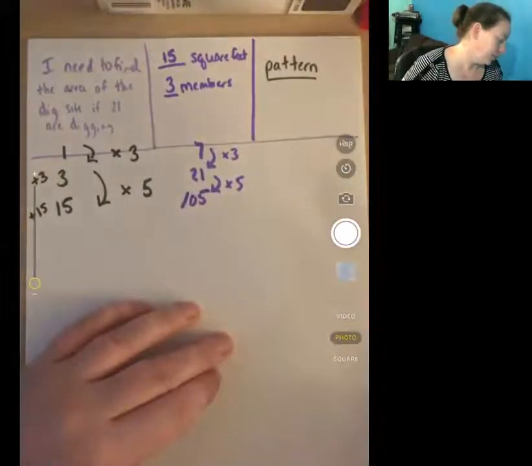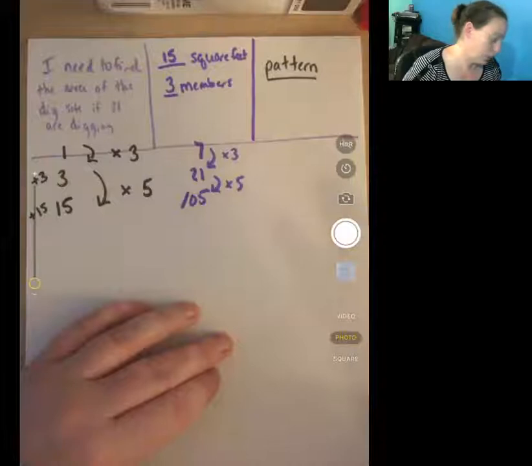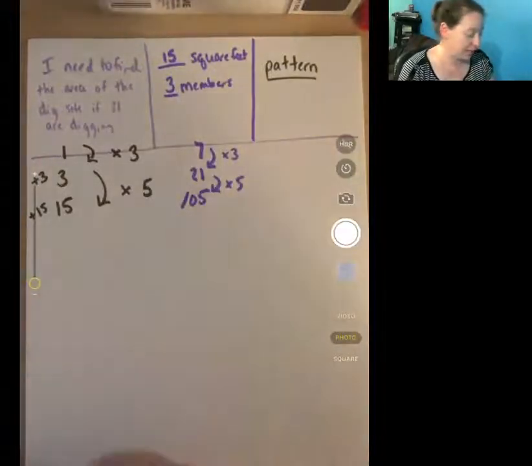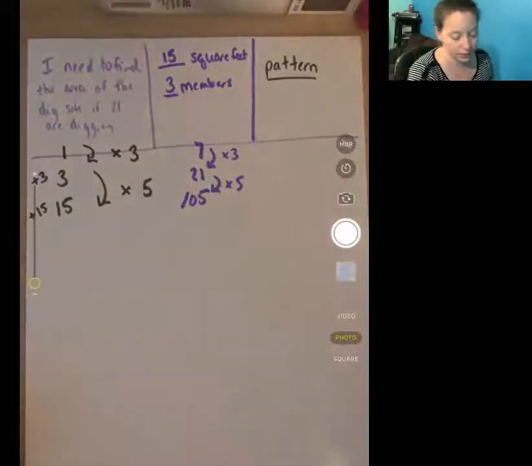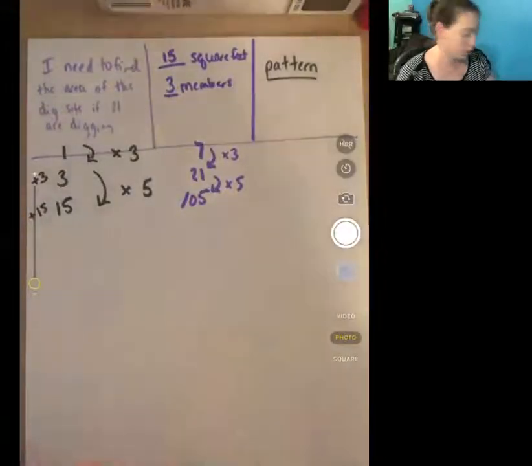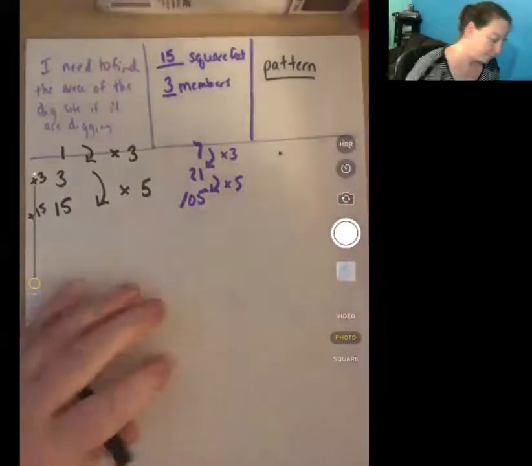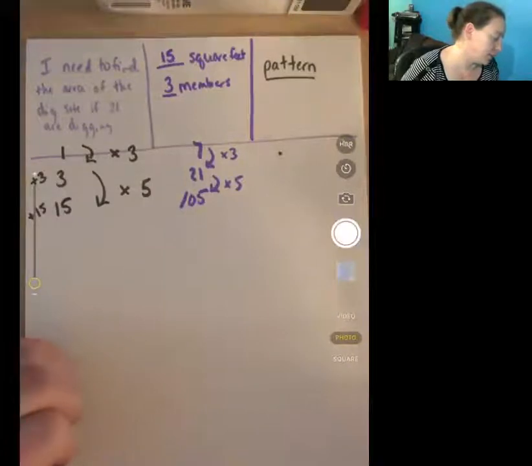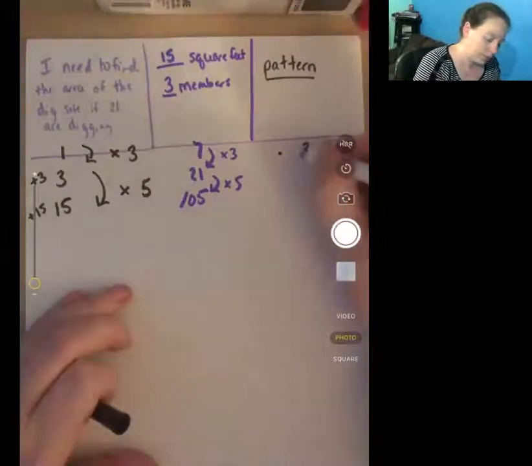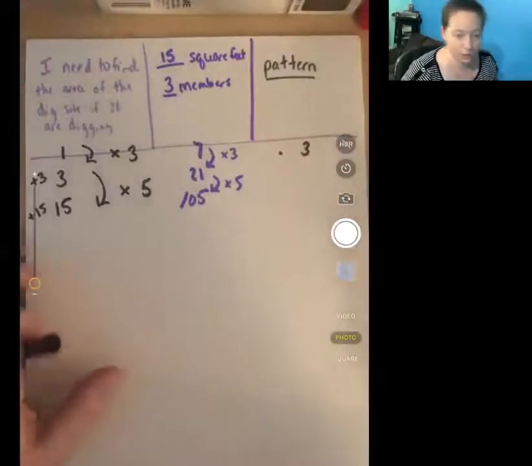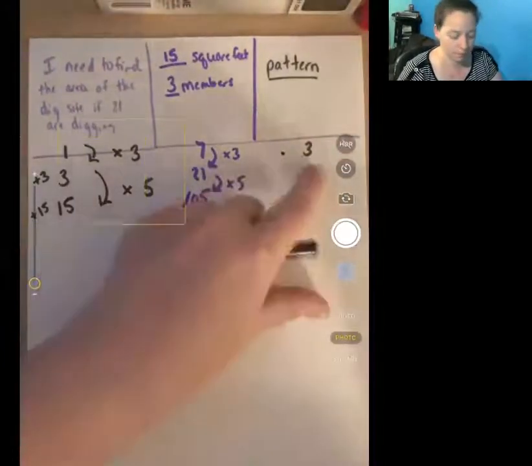Okay. So possible rules off to the side, the dots that they have off to the side. So let's just fill in the information for them. First dot. Multiply the number of sections by 3 to find the number of members. So see, times 3, multiply by 3.